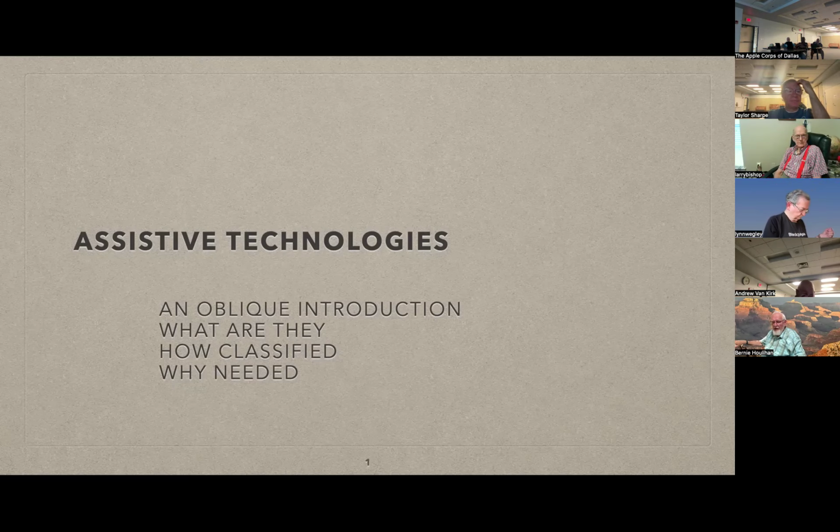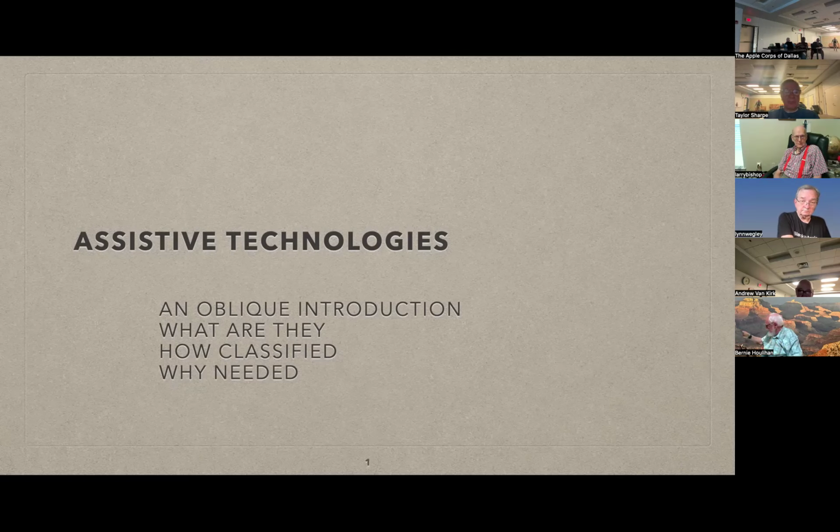Originally, this was kind of going to be an overview, and I kept the same order of business in terms of this oblique definition introduction, and it's definitely going to be oblique. It starts by defining what assistive technologies are, both as Apple has seen it, as others see them, and more recently how I have come to see them and how they're classified.